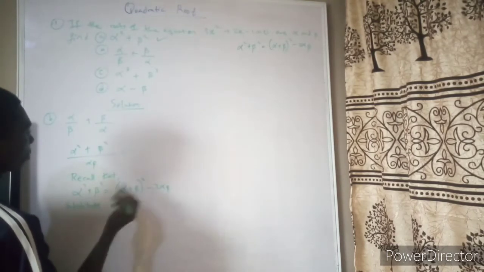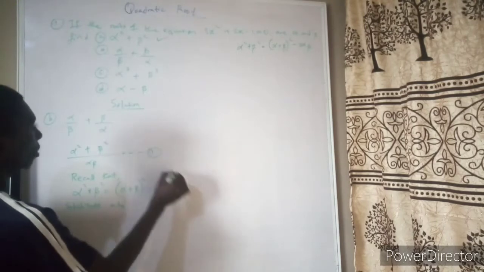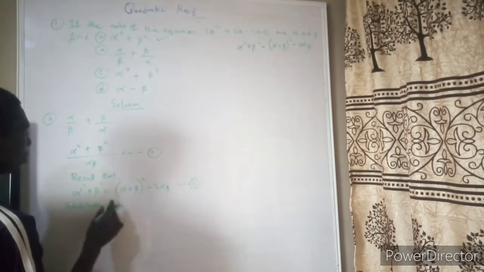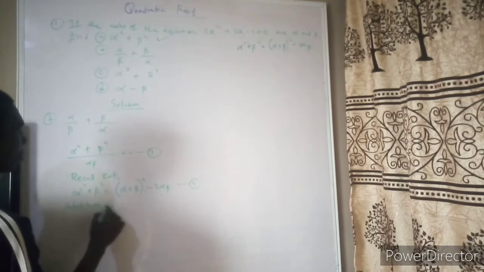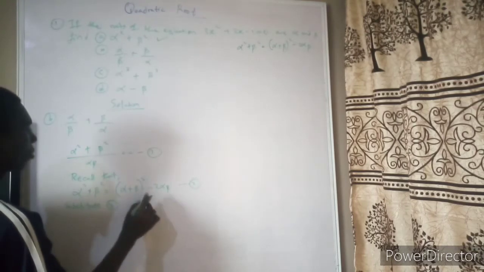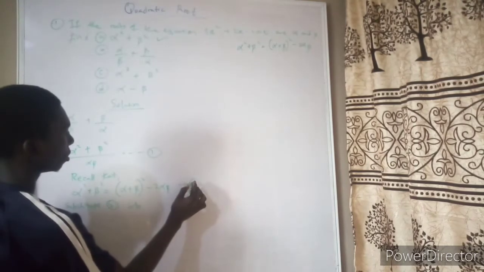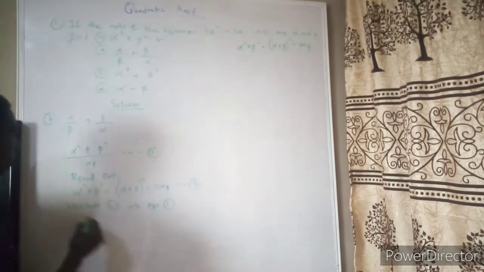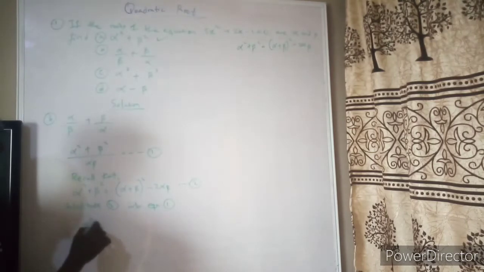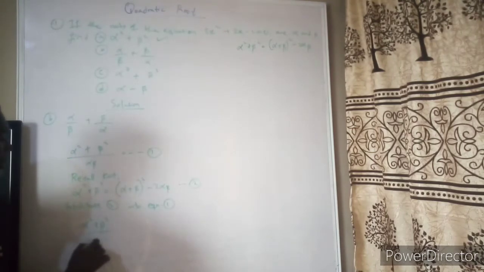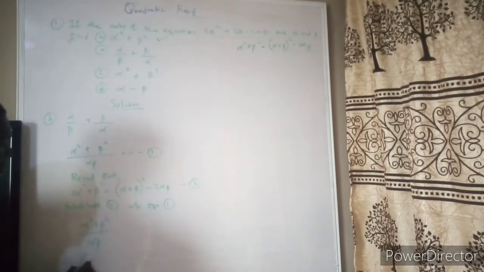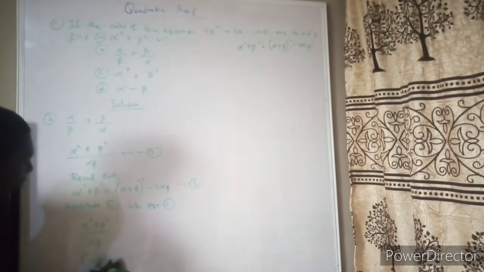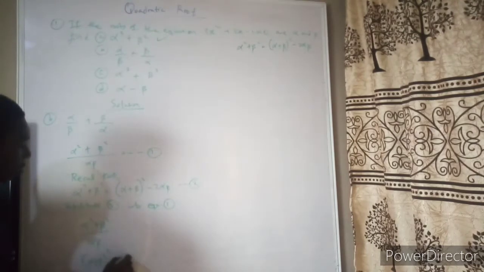Let's label the equations: equation 1 and equation 2. So substitute equation 2 into equation 1. What's equation 1? Alpha squared plus beta squared all over alpha beta. If we substitute it, we'll have alpha plus beta all squared minus 2 alpha beta, all over alpha beta.